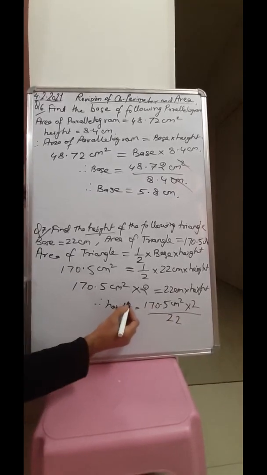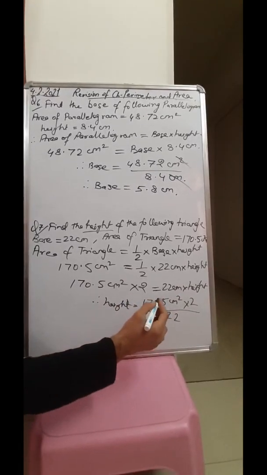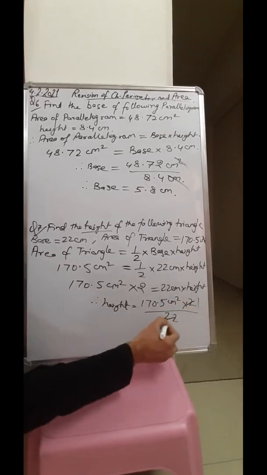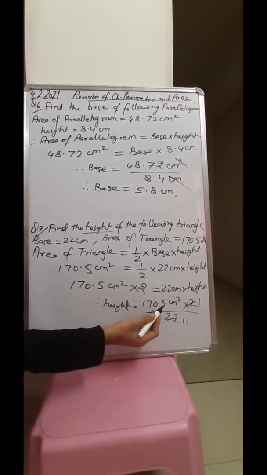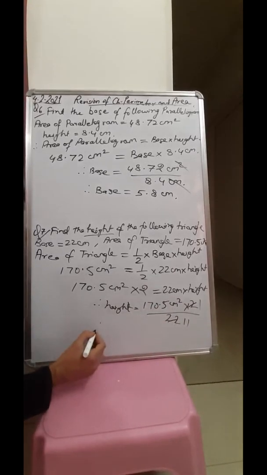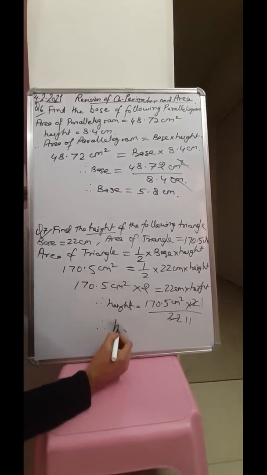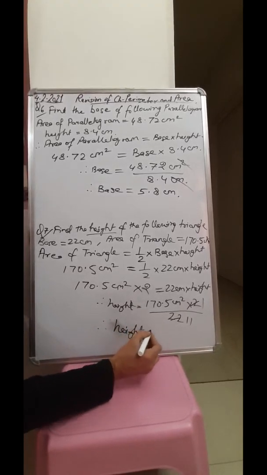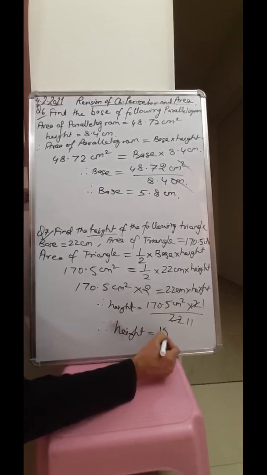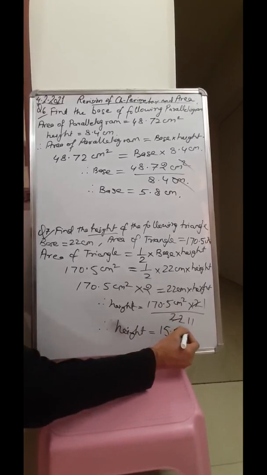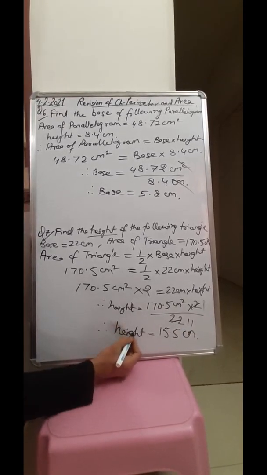So now we can cancel 2 by 22. When you cancel it, 2 1 is 2, 2 11 is 22, and now we can divide 170.5 by 11. So when you divide 170.5 by 11, you will get height equal to 15.5 centimeter, because height will come in single units.